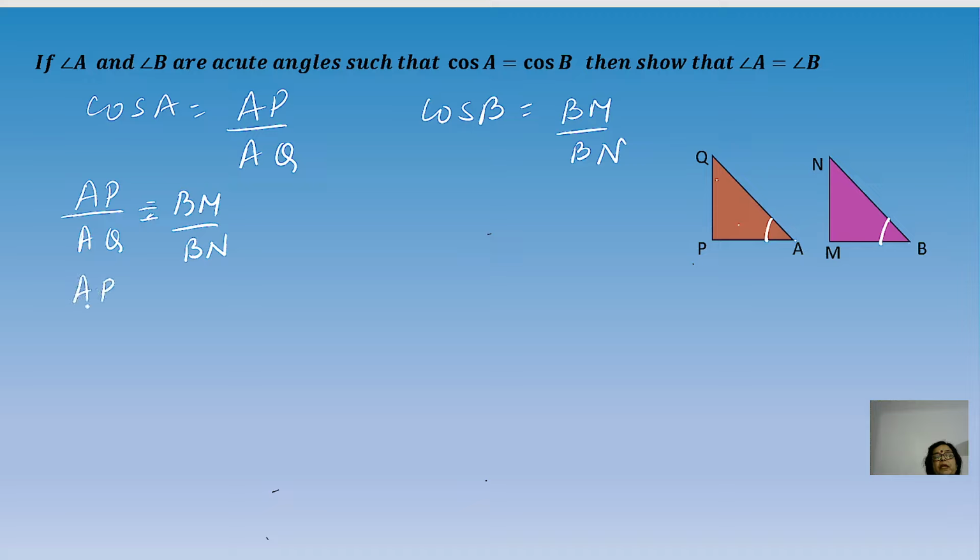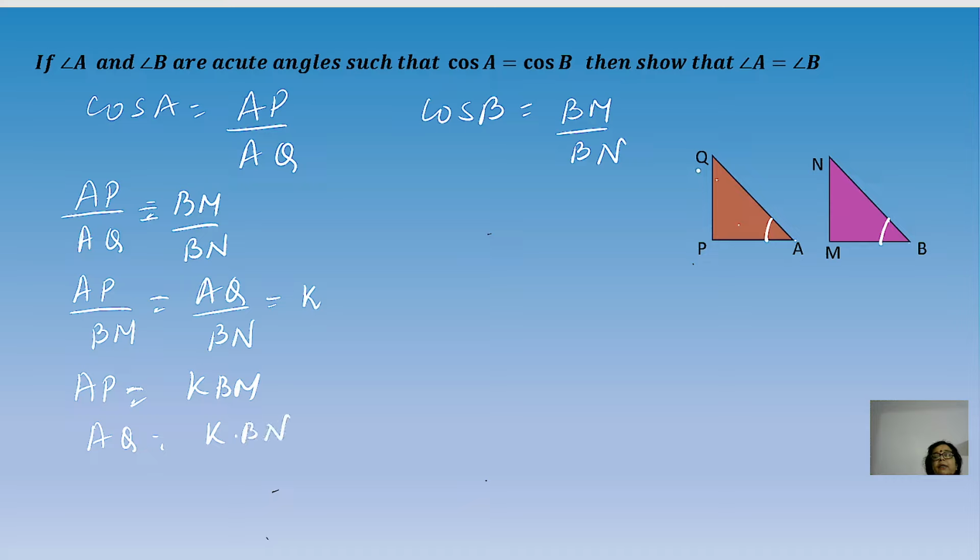We get AP upon BM is equal to AQ upon BN. Since they are equal, they form a proportion. Let's equate the proportion to a constant called K. So AP can be written as K into BM, and AQ can be written as K into BN.